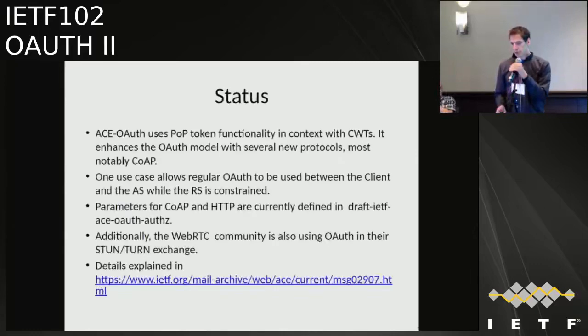So what's the status of all of this? In the ACE OAuth specification, there's a framework document which builds on OAuth, as the name indicates, and it uses the POP token functionality only. It doesn't use bearer tokens. And it also points to the CWT instead of the JWT for efficiency reasons.